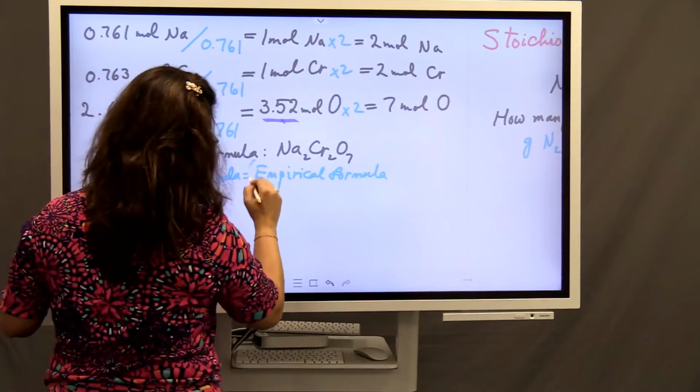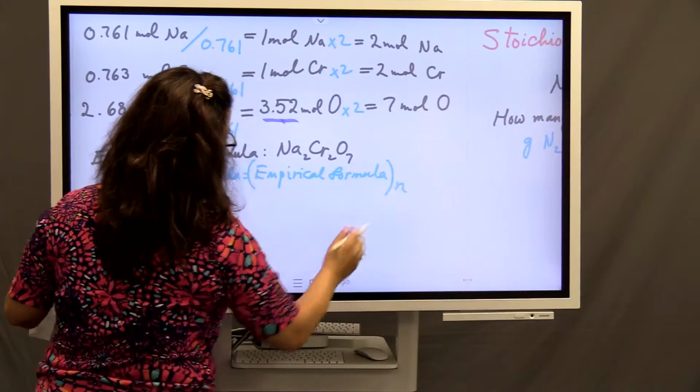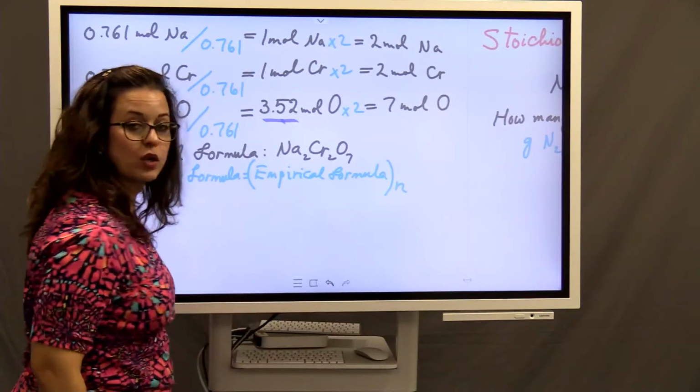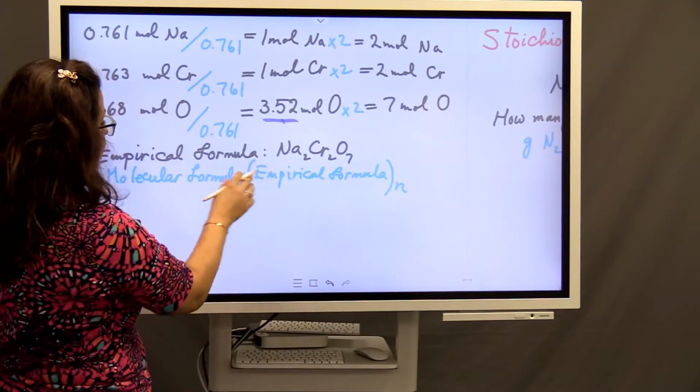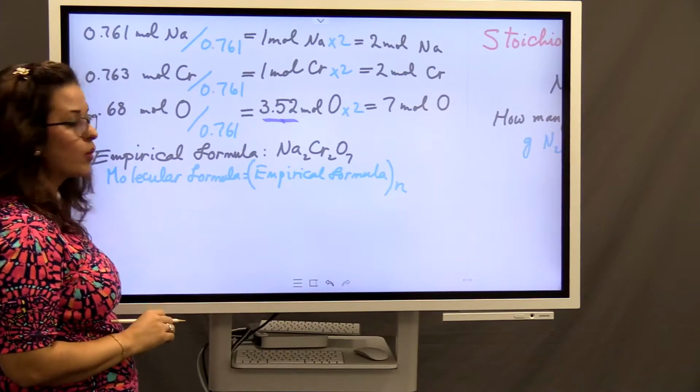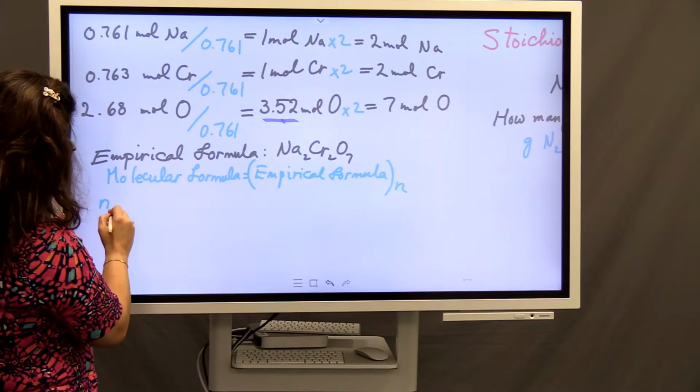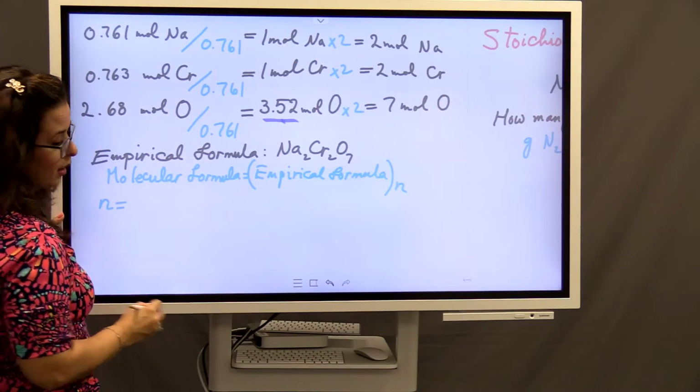So it seems like if you multiply the subscripts of empirical formula by a number which is called n here, you will find the subscripts for molecular formula. So your goal should be finding n.